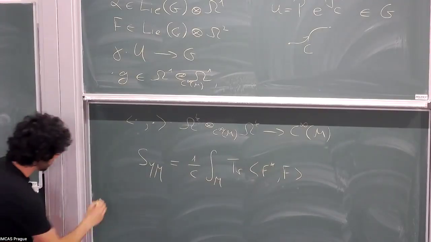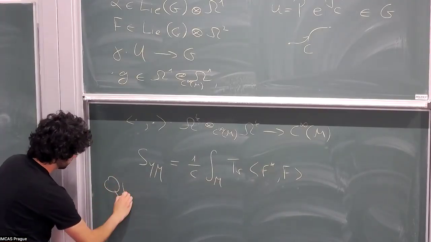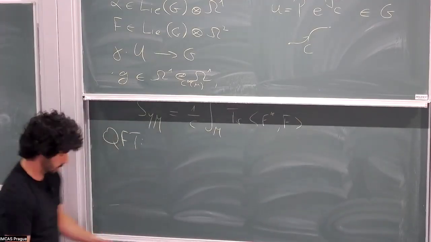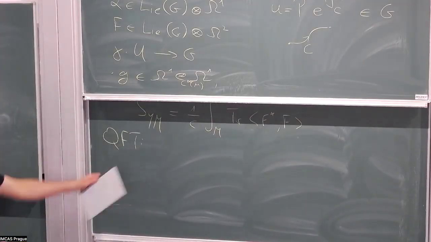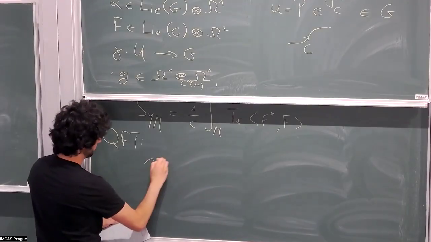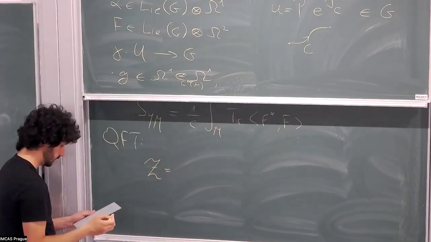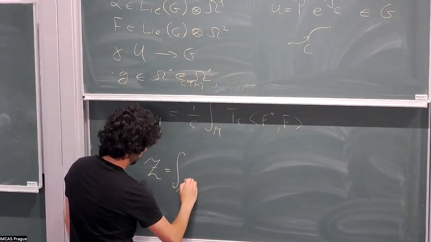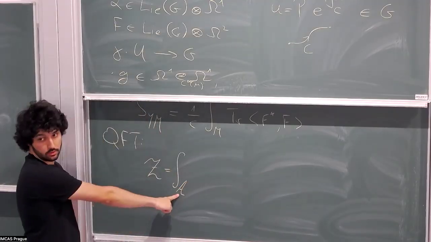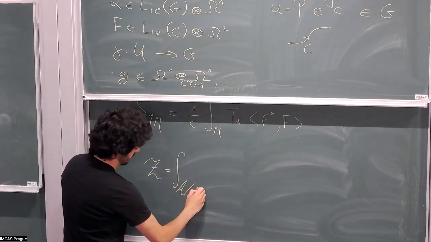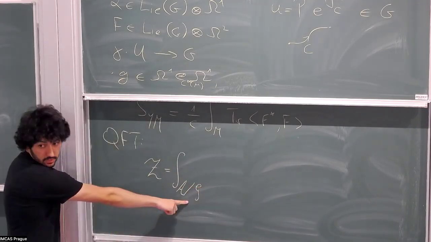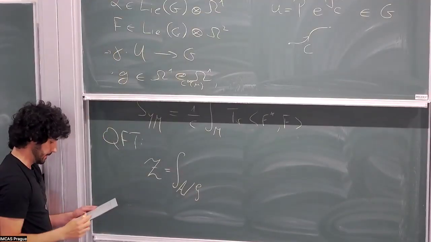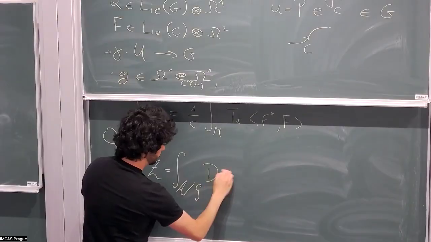Right. And then what we'll be looking at today as well is quantum field theory. What we want to do here is to define a partition function. Formally speaking, we have the space of connections, and we quotient it by the space of gauge transformations.